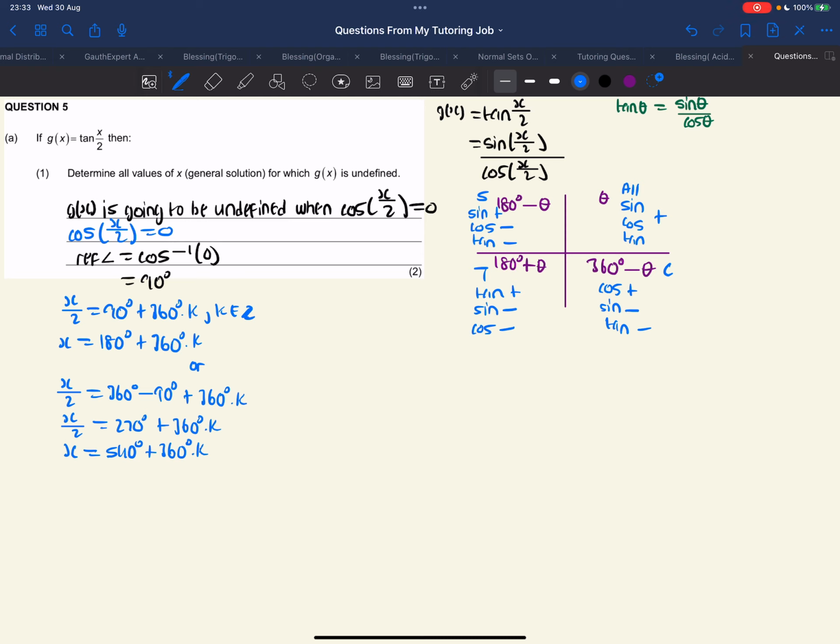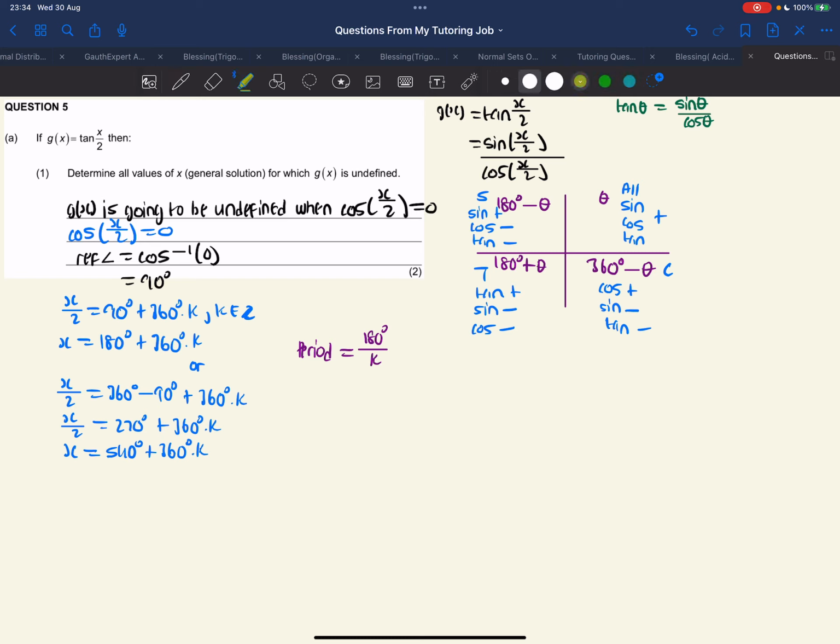Now can you see that here we are given a function, tan of x over 2, and they want us to find the general solution. Can you see that this general solution is bigger, because we now have values that go up to 540? If you were to find the period of a tangent function, you say 180 over k.